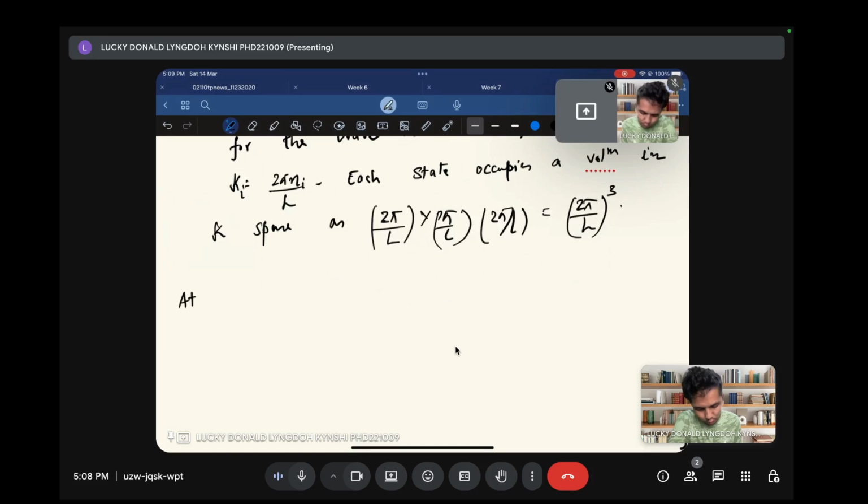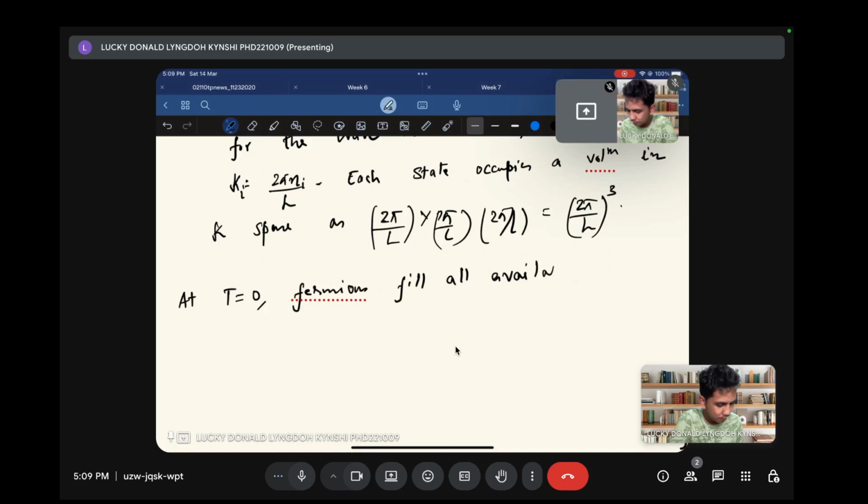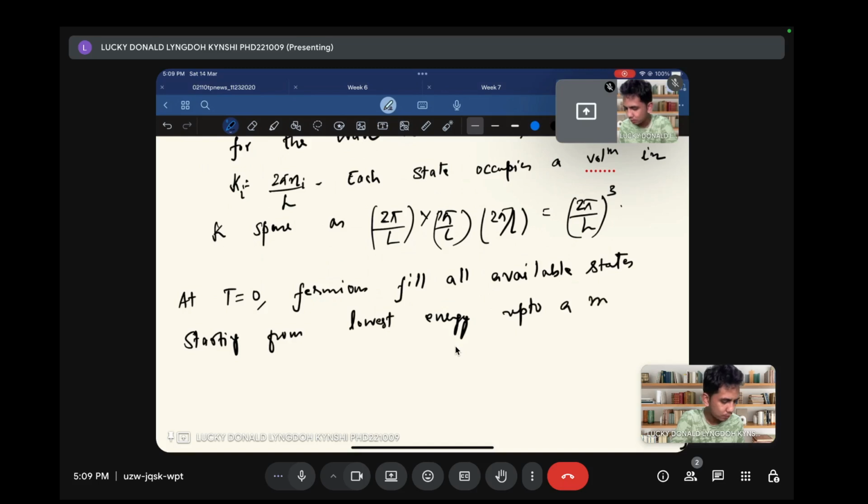Now, let's say at T equal to 0, we'll take this as reference, fermions, because we are talking about a Fermi gas, so you have to also talk about fermions, fill all available states starting from the lowest energy up to a maximum radius kf.